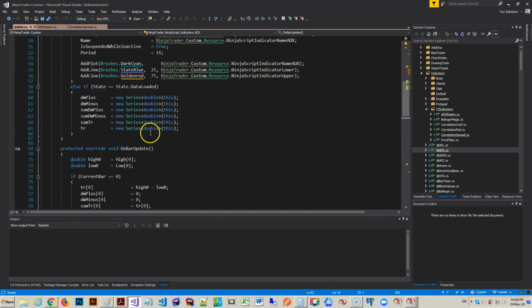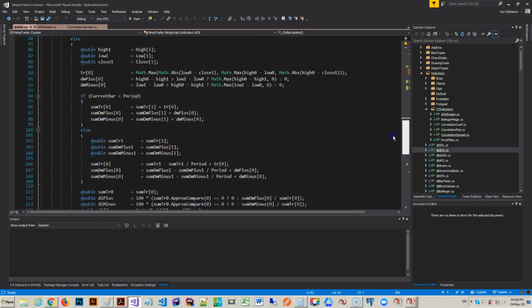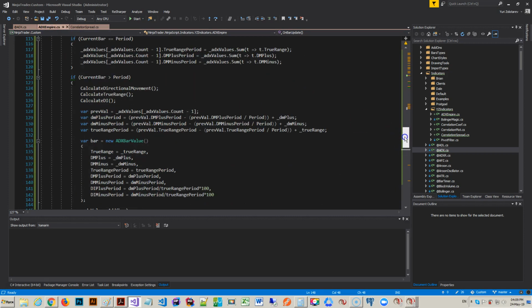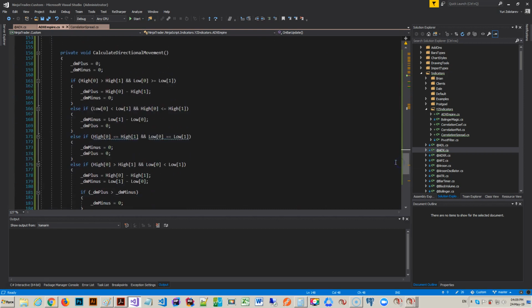We'll go through that in a second. I tried taking it from the NinjaTrader one, and I figured out it's just better to write my own, and here's the code. It's quite simple. We're going to go through the math of DI and through the code as well.